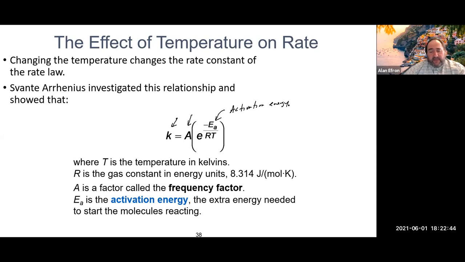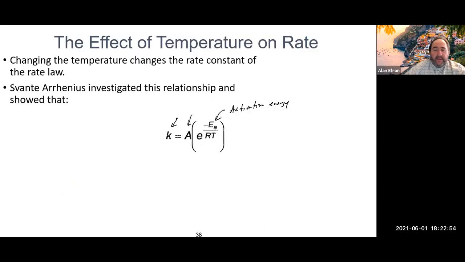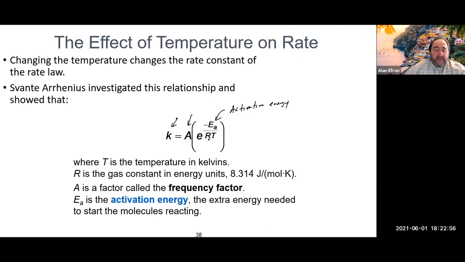By the way, the activation energy usually is a positive number. So when we look at this, this is the activation energy going upwards, an endothermic type thing, and it's usually positive. This is the gas constant, the one that involves energy, the 8.314 version of it, as we see here. And T is our temperature in Kelvin. Much like most things, it does need to be in Kelvin.